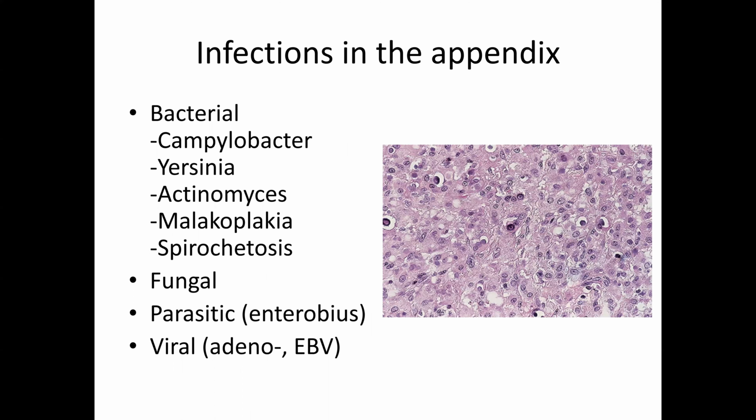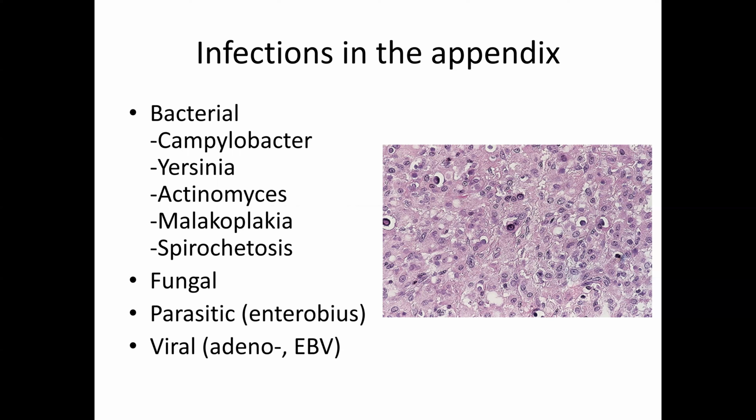So let's just look at those briefly. Bacterial infections, Campylobacter, Yersinia, Actinomyces, those sorts of things we might encounter here in particular populations. Malakoplakia, probably infectious and certainly has some hallmarks of infectious type disease in terms of the granulomatous or histiocytic response.